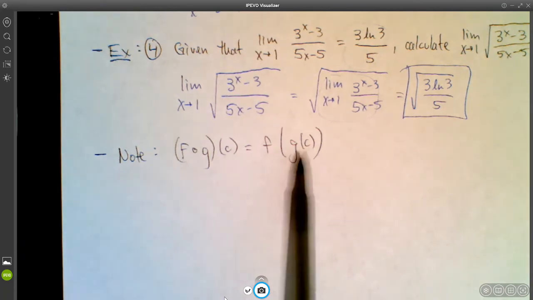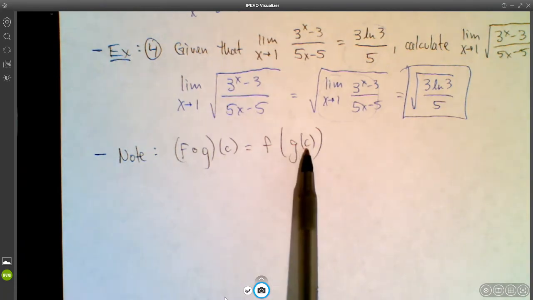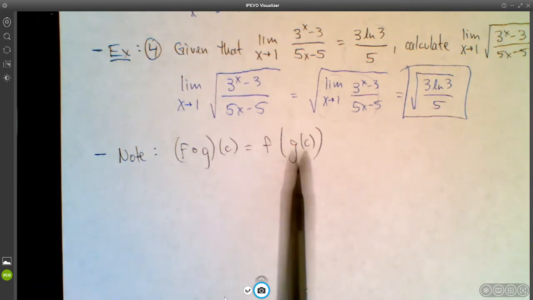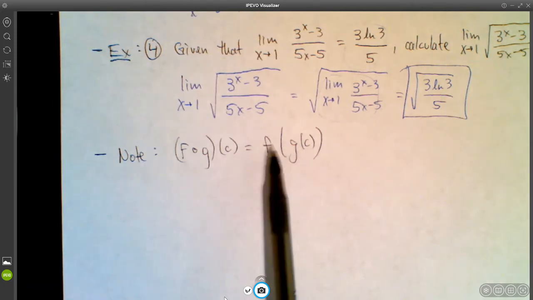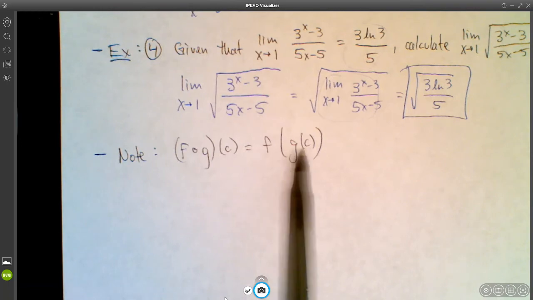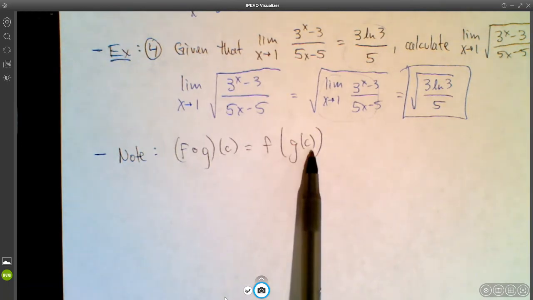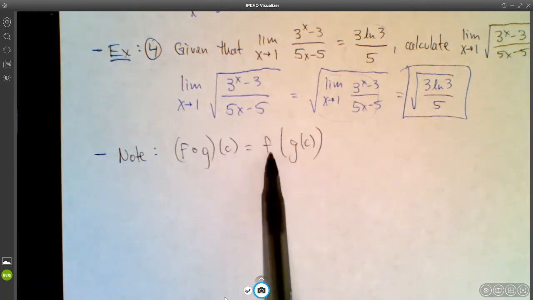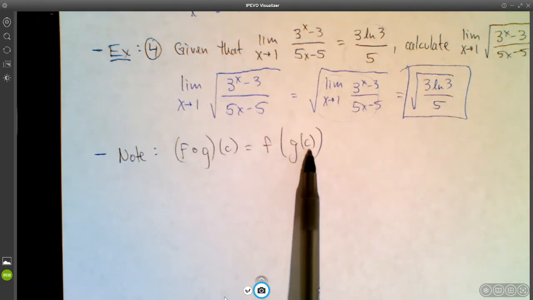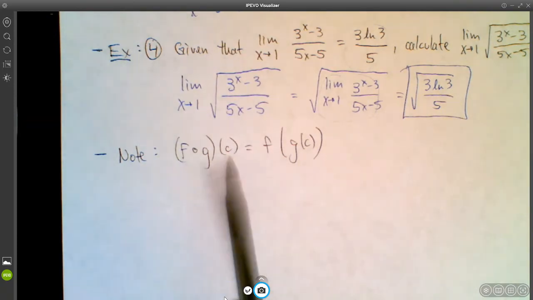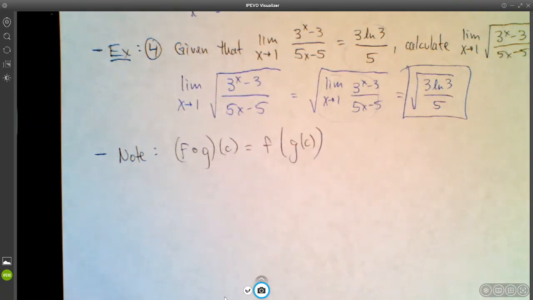First of all, g of x has to be continuous at c. And then, if that condition is met, it also has to be the case that f of x has to be continuous at g of c. But as long as those conditions are met, so if g is continuous at c, and if f is continuous at g of c, then f of g is continuous at c.